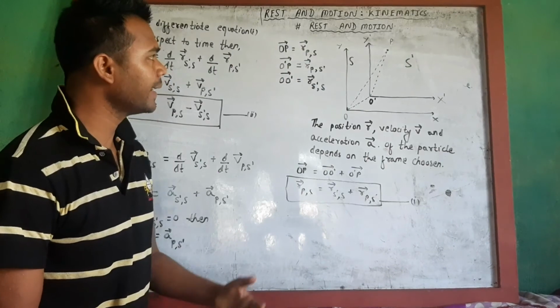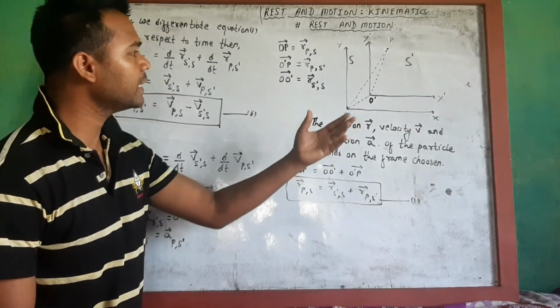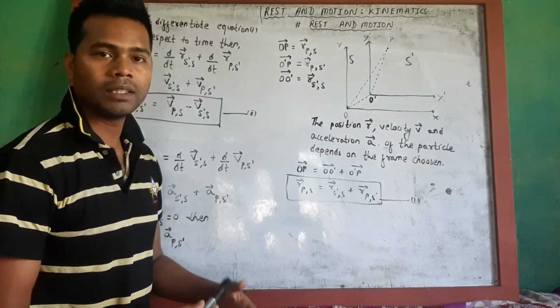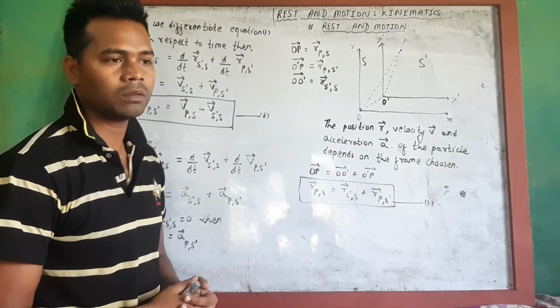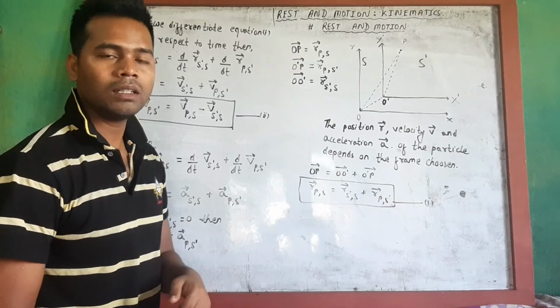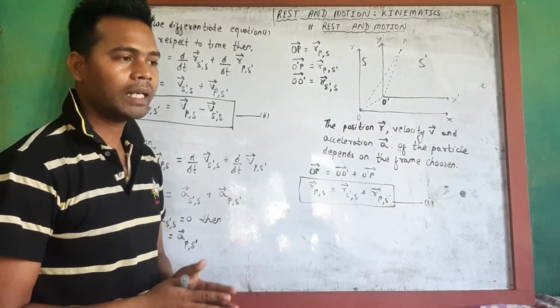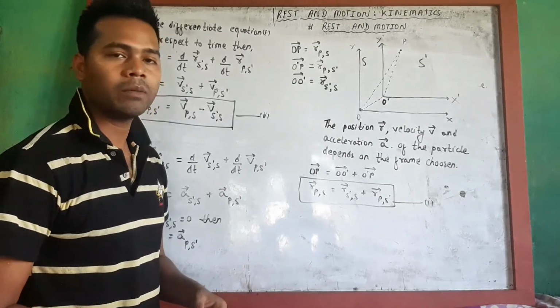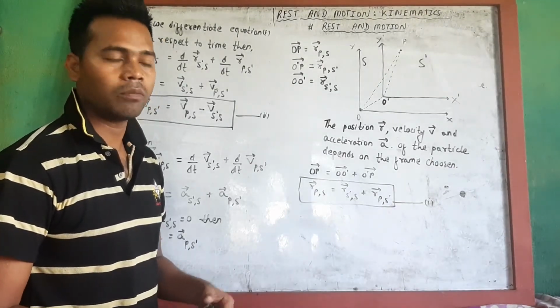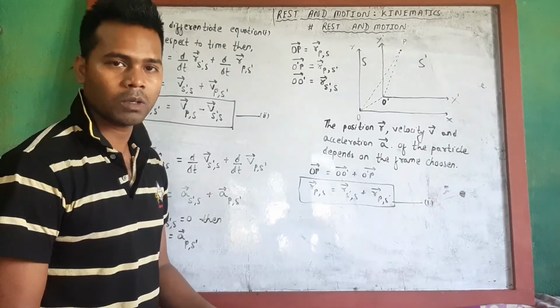Let's move to the next topic, and our next topic is change of reference frame. So far we have talked about the motion of a particle in a single reference frame. In any problem, any reference frame can be chosen according to the convenience of the problem.